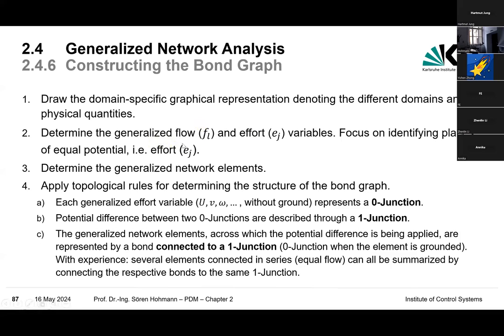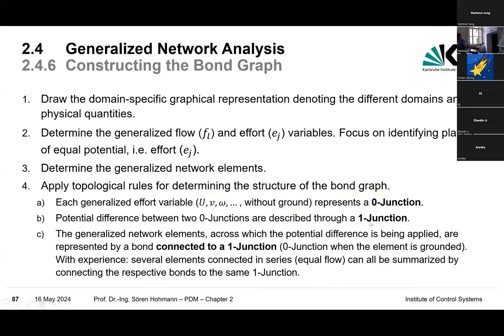Then you define again the generalized flow and effort variables, so f_i, e_j, and then you try to find them by identifying places with equal potential, so effort is equal. A similar thing as before for the mechanical example I mentioned. Then you determine the generalized network elements and you apply topological rules for the bond graph.